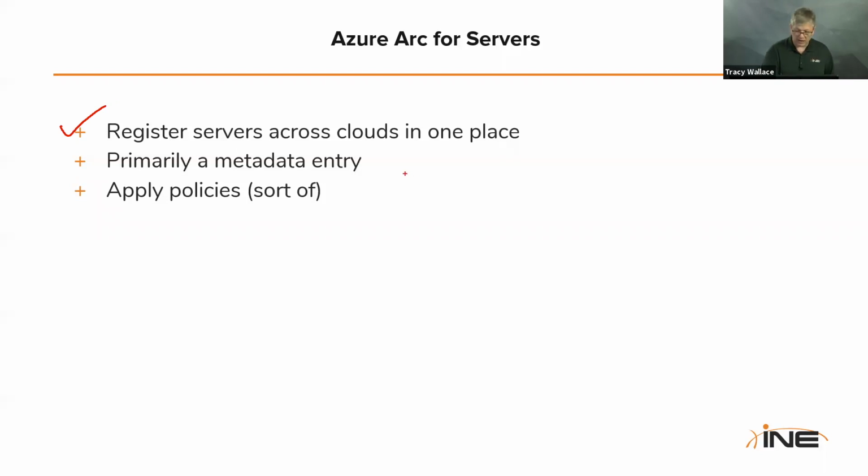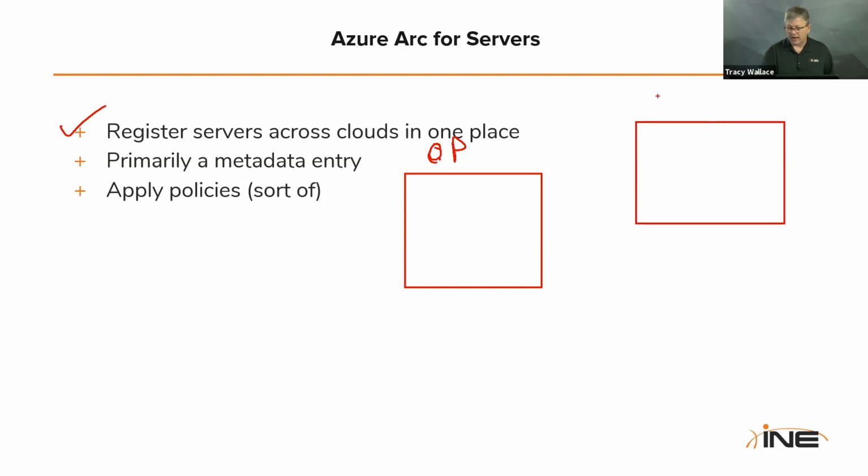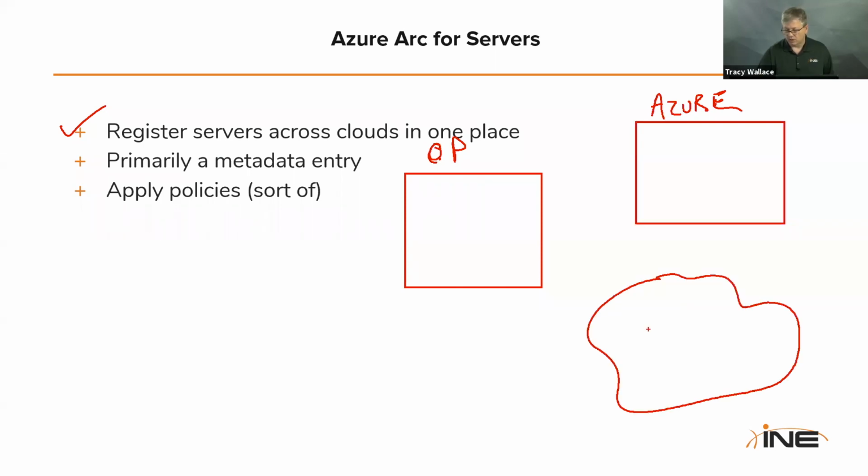So I've got my on-prem, I've got my Azure, I've got other clouds, which I'll draw as a big nebulous blob, and we'll say that other three-letter cloud, which is awesome. And I've got virtual machines and all of these with different management interfaces, right?